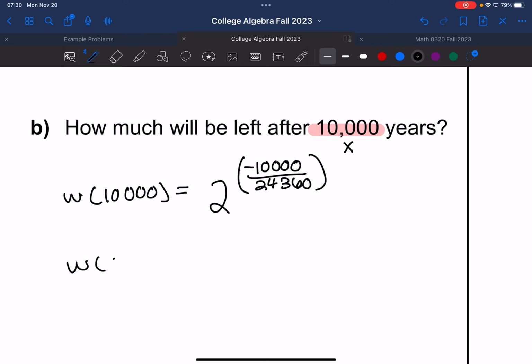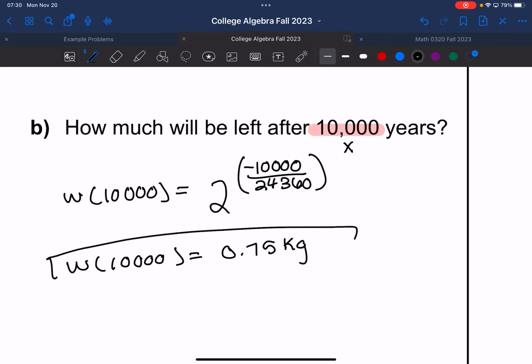Plugging that into your calculator, we get 0.75 kilograms. So after 10,000 years, 0.75 kilograms is left. It's decreasing slowly.